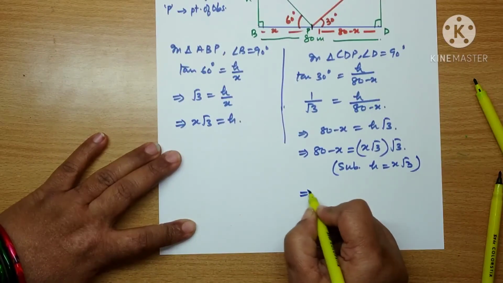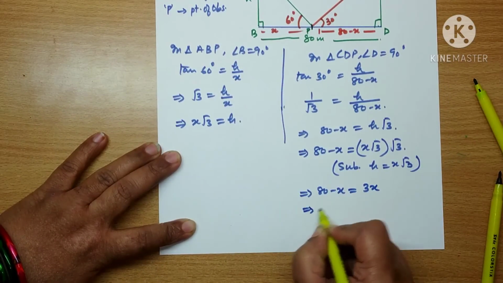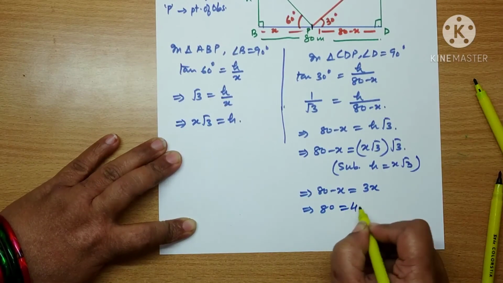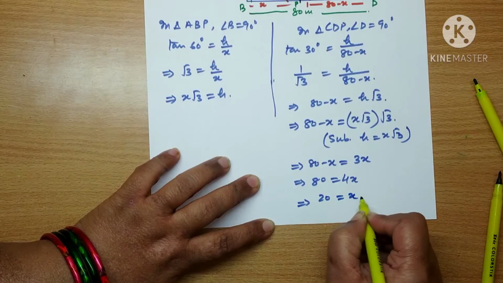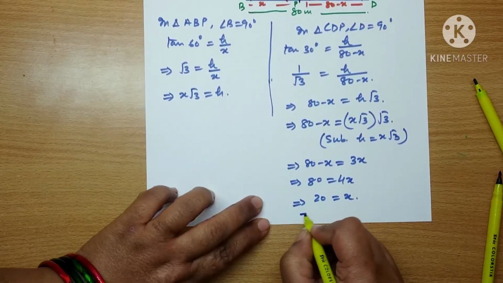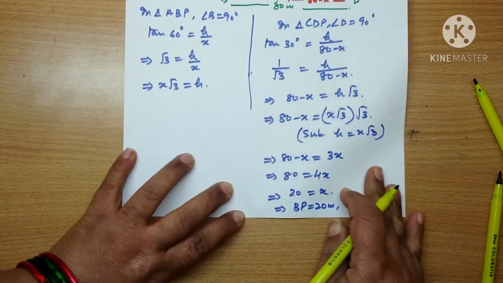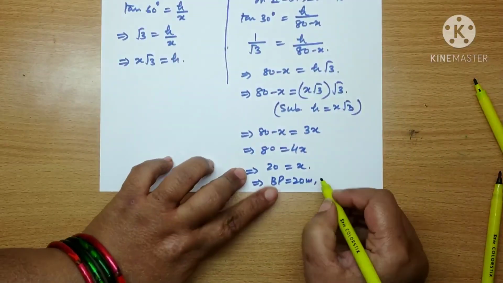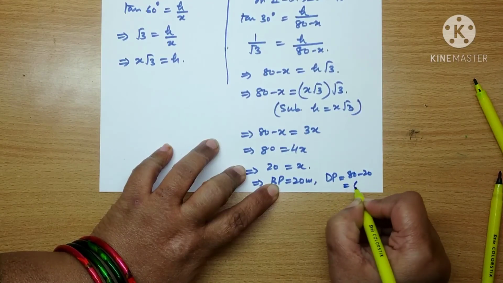So I get 80 minus x is equal to 3x. So 80 is equal to 4x. So we get x as 20. This implies BP is 20. If BP is 20, DP is 80 minus 20, 60 meter.